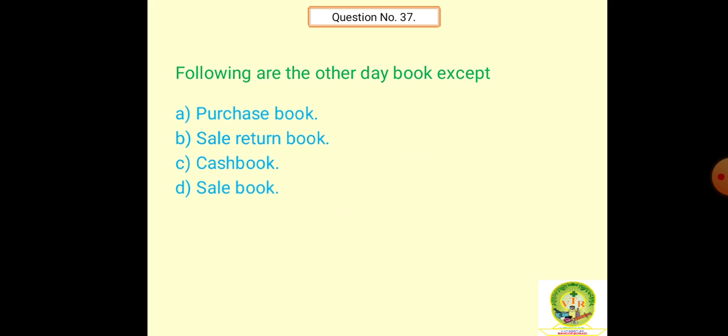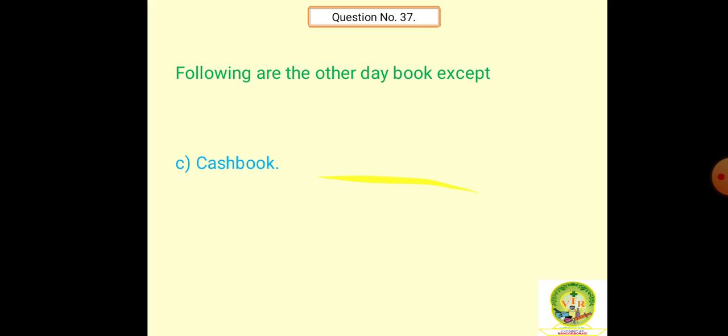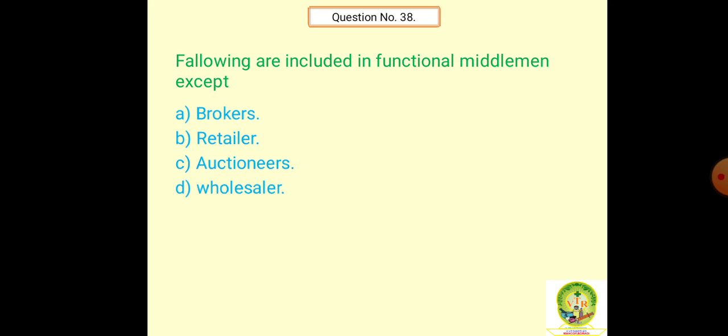Following are the other day book except, options are A. Purchase book, B. Sale return book, C. Cash book, D. Sale book. Right answer is C. Following are included in functional middleman except, options are A. Brokers, B. Retailer, C. Auctioneers, D. Wholesaler.